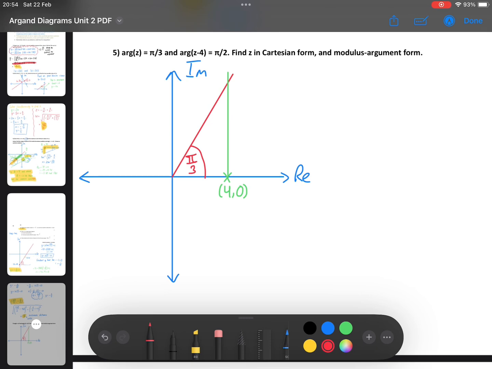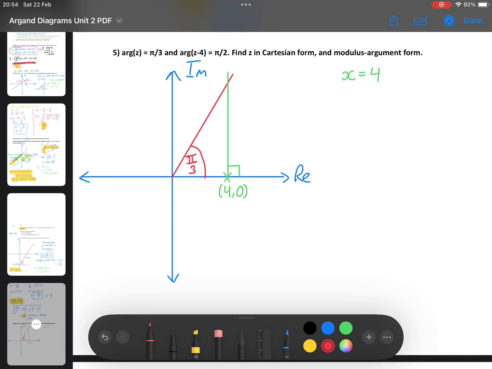So what I'm going to do is work out the Cartesian equations of these two half lines and then solve them simultaneously. So I think the green one's the easier one, because we know that this angle here is a right angle, and therefore the equation of the green line is going to be simply x equals 4.